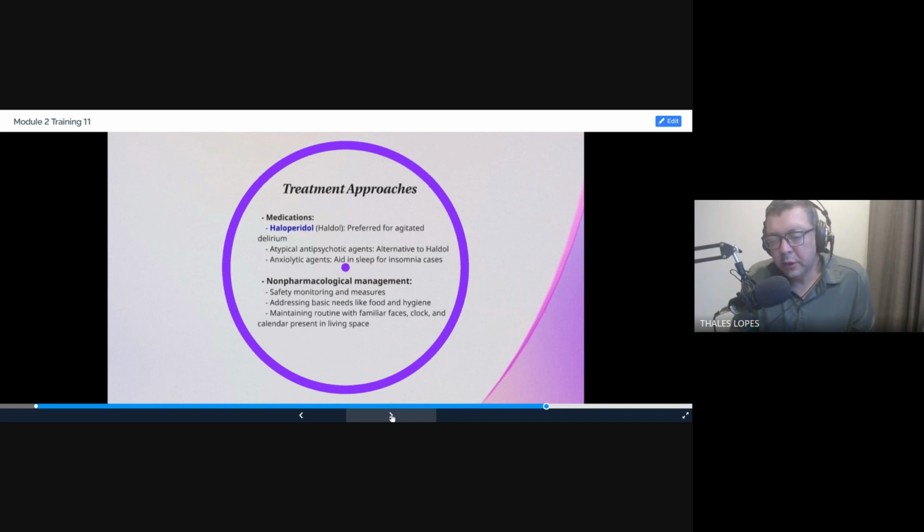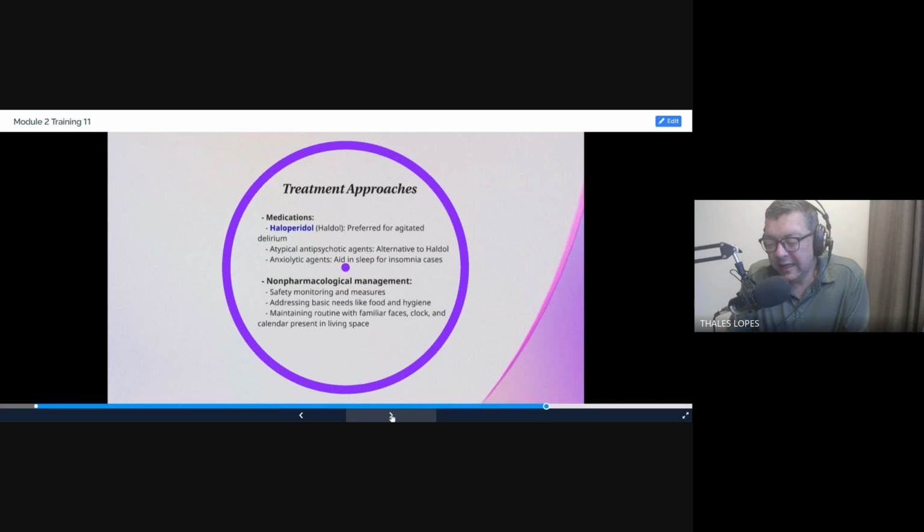Before that, we provide safety, a familiar face, and non-pharmacological methods like opening the curtains during the day and turning the lights off at night to prevent delirium, and support those methods even at the beginning of delirium.